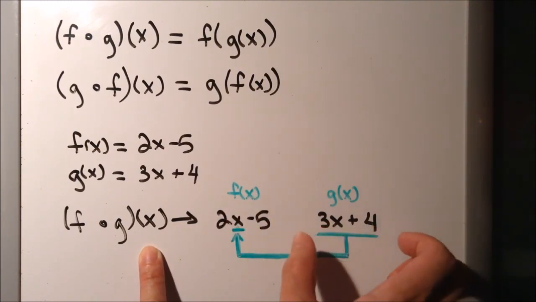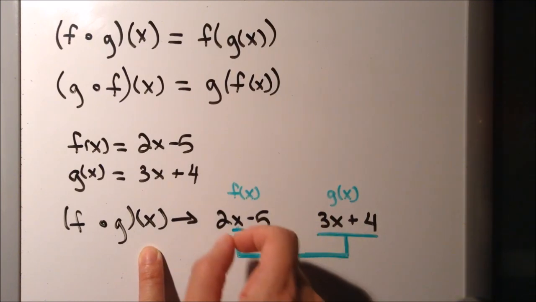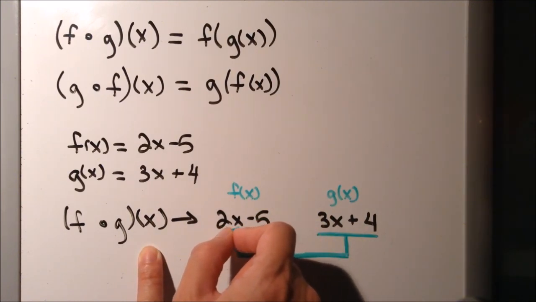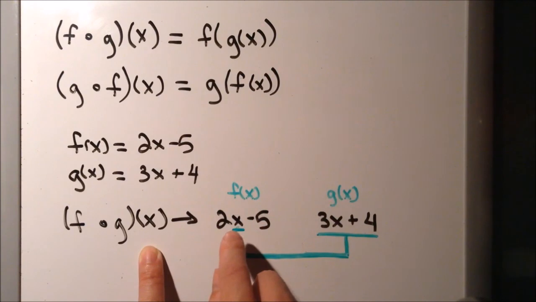All you're doing is plugging 3x plus 4 into every x inside of f of x. In this case, we only have one x, so it's just one time.